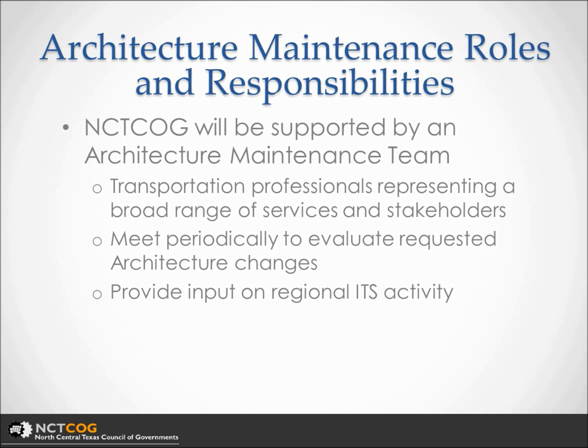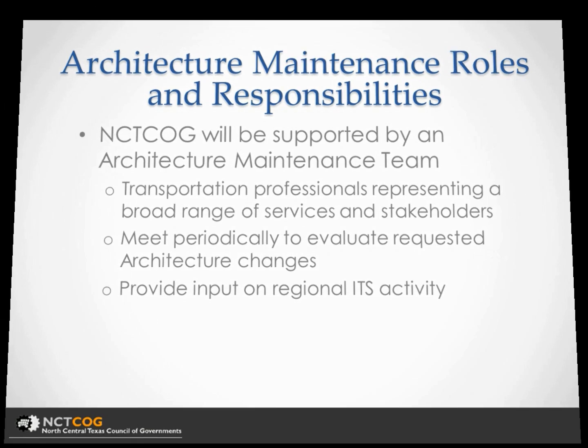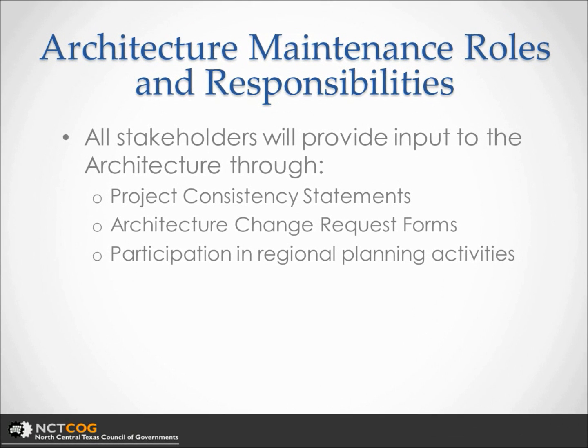It should be noted, and will be discussed later, that stakeholders also have an opportunity to provide input on regional ITS activity. Stakeholders will provide that information about ITS activity through completing and submitting project consistency statements, through architecture change request forms, and through participation in regional planning activities.